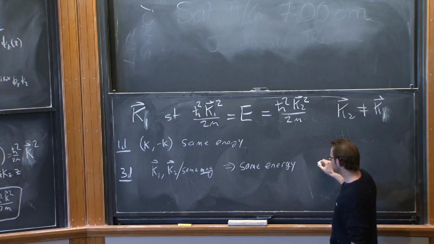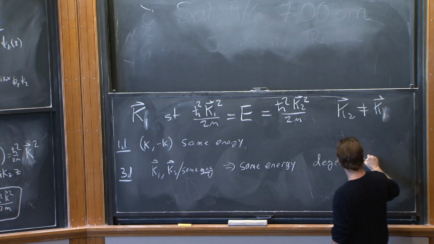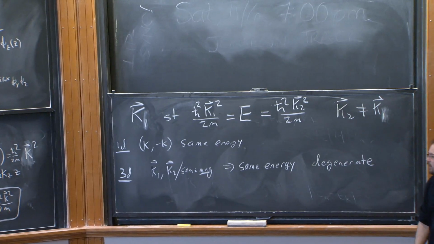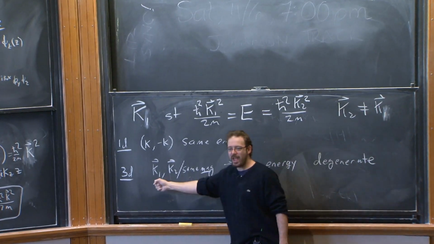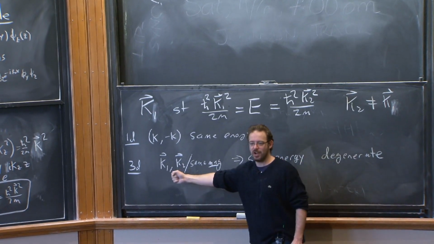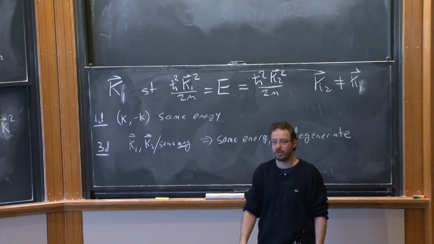They're degenerate. That's interesting. Why do we have this gigantic degeneracy of the energy eigenfunctions for the free particle in 3 dimensions?